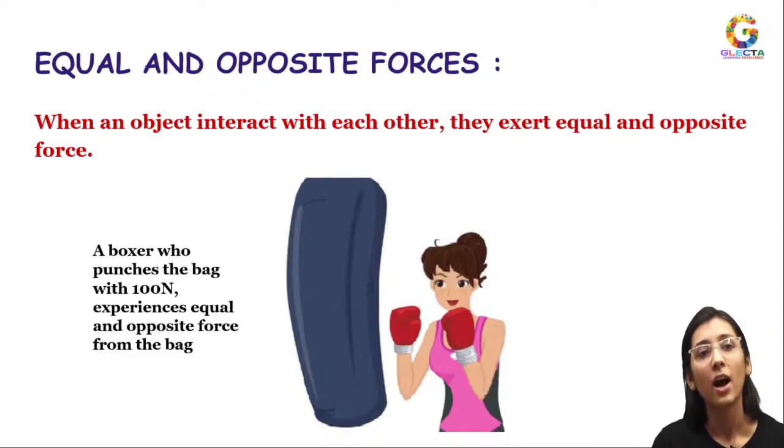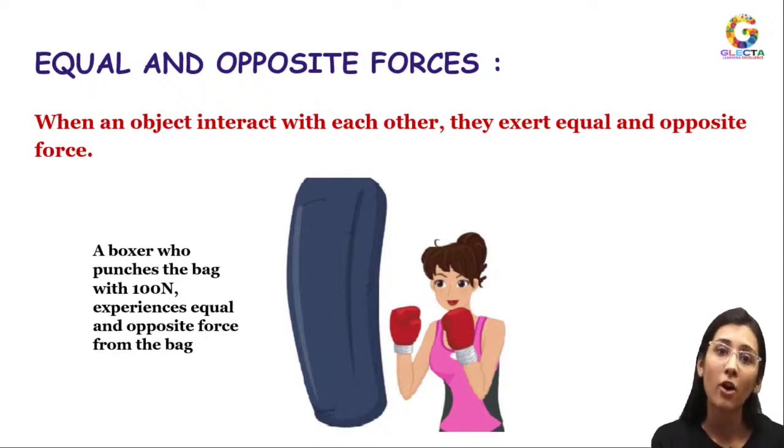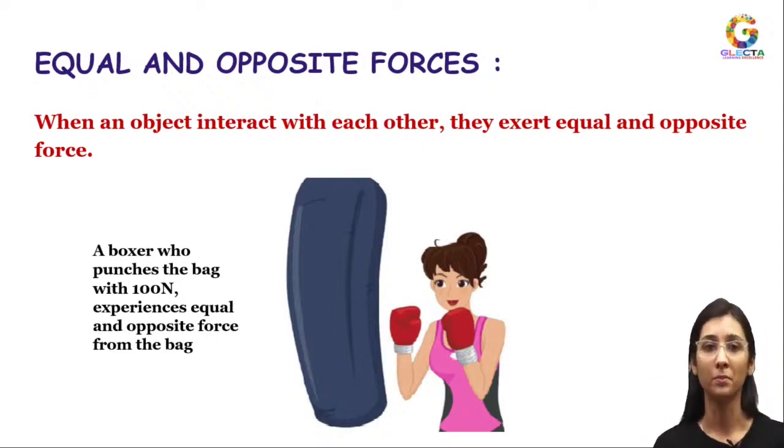So she applied 100 Newton force on the bag, and she also experiences that amount of force from that bag, which means the amount of force you apply to an object, you also experience that same amount of force backwards, right?